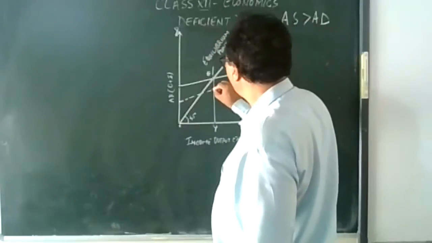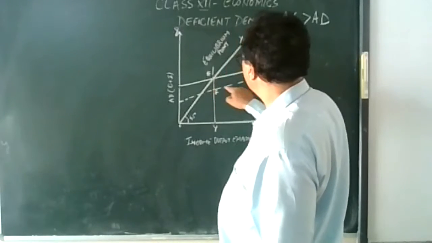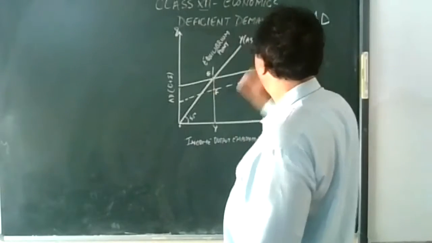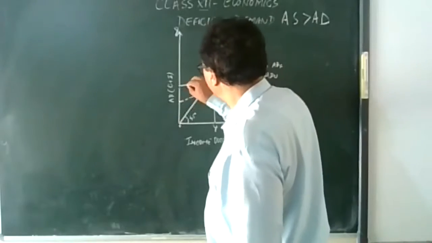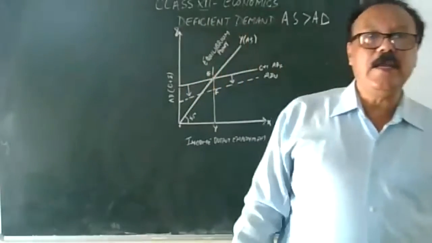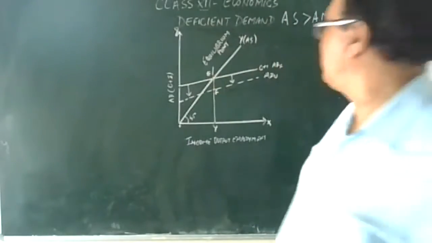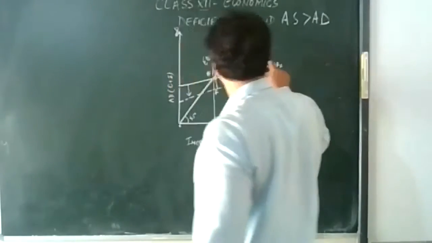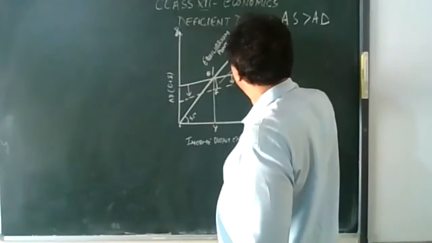Correspondingly, if we draw a dotted line over here, and this line cuts at the second AD curve, let's call it AD curve U, this AD curve F. Now, when it decreases, why does it decrease? Due to a decrease in the investment expenditure. This gap which is created between ADF and ADU is called the deflationary gap.